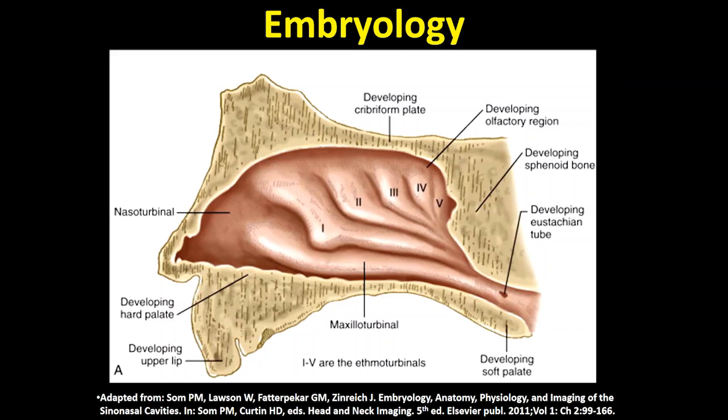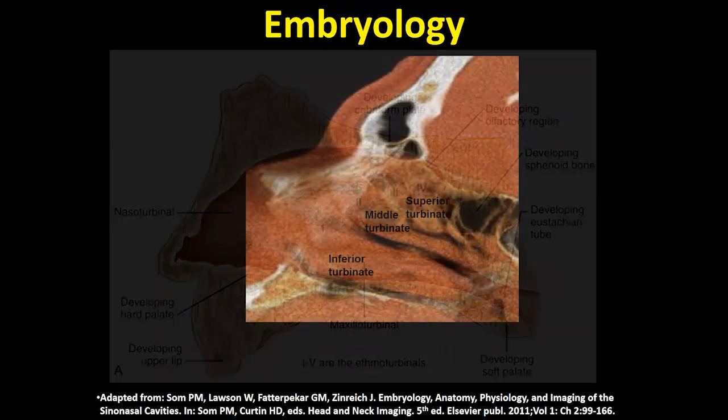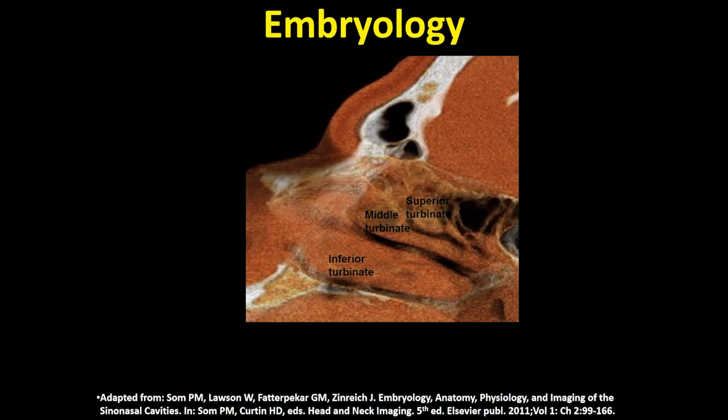Not all of these, however, persist. Of these, the maxilloturbinal goes to form the inferior turbinate, the second goes to form the middle turbinate, the third the superior turbinate, and fourth and fifth, if present, go to form the supreme turbinate.